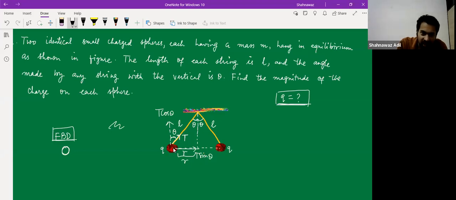And then this has some mass M, so this would have the weight, the force due to gravity, mg, right? And these charges are repelling each other, so this will have F Coulomb in this direction, right? Do we have another kind of forces? No, right? Yes. So let us draw the free body diagram.